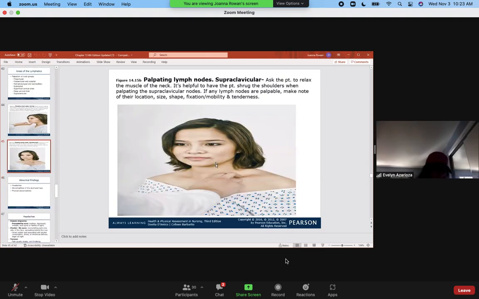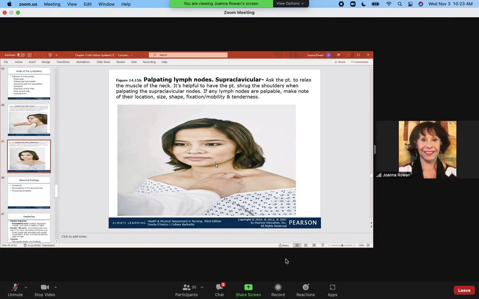Professor, I'm confused. You just said never palpate the lymph nodes? No, you should not be able to palpate the lymph nodes. In other words, you palpate the lymph nodes, but you should not feel them. When you feel a lymph node, you feel a little bulge there. That is not normal.